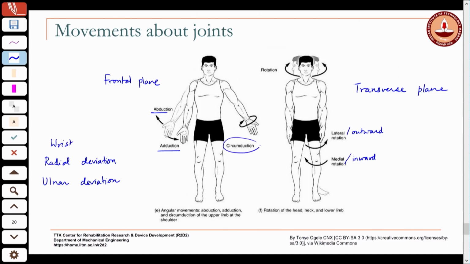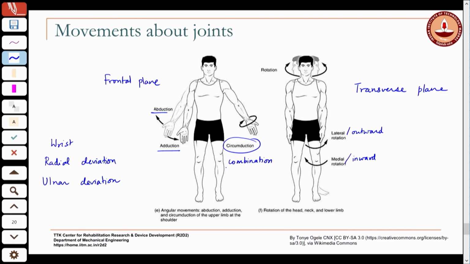This is a combination of the movements in the sagittal plane and the frontal plane, and this movement is called circumduction. It is possible at other joints as well.